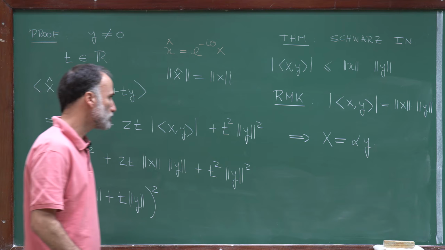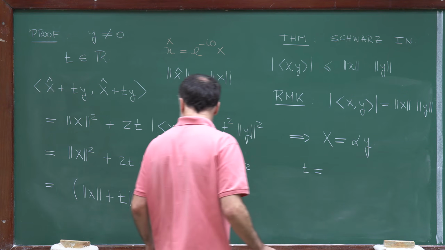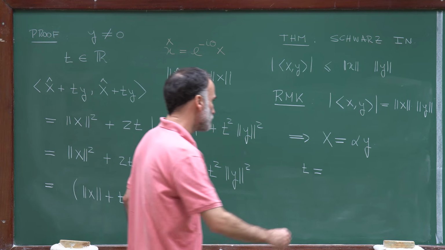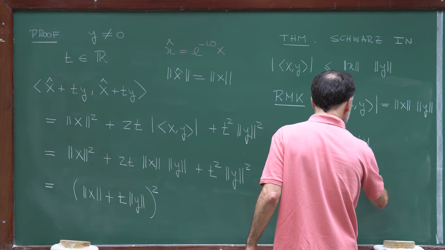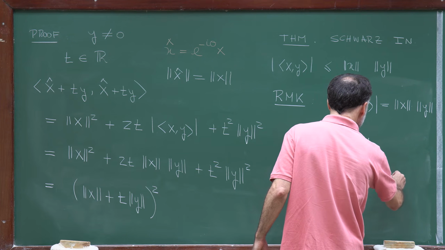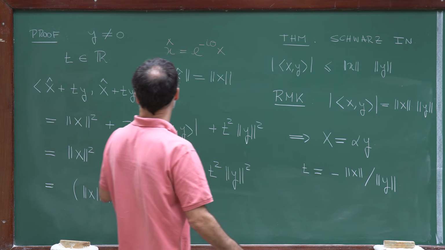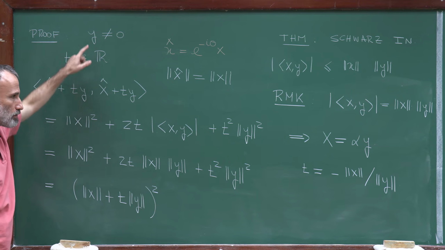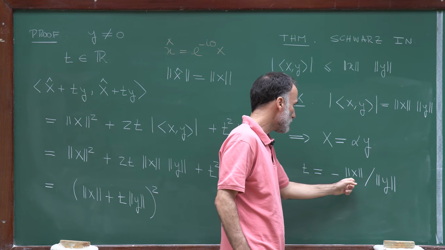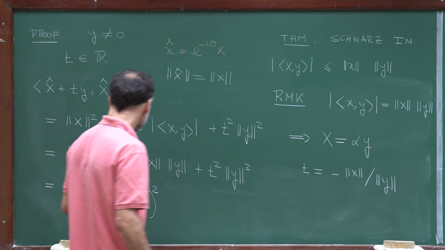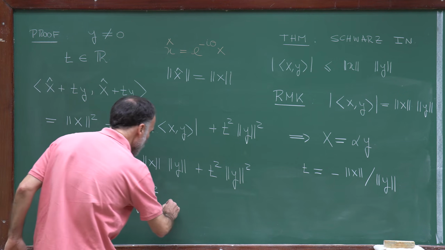So I can choose t equal to minus the norm of x divided by the norm of y. Remember, I'm assuming y is different from 0. So I can take t as minus the norm of x divided by the norm of y. In this case, this expression here is equal to 0.